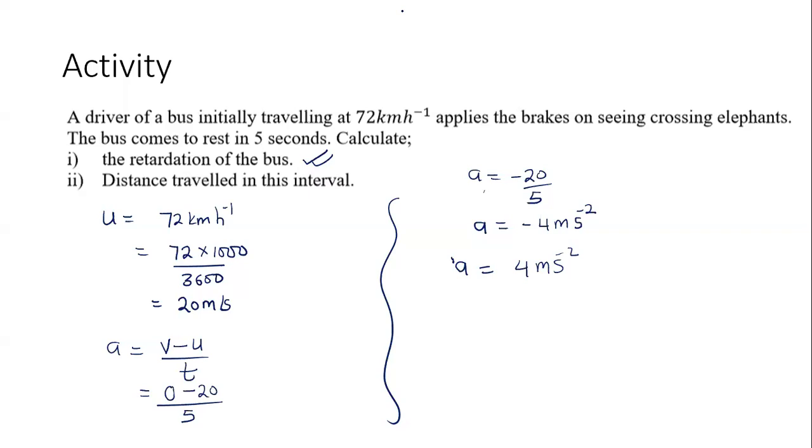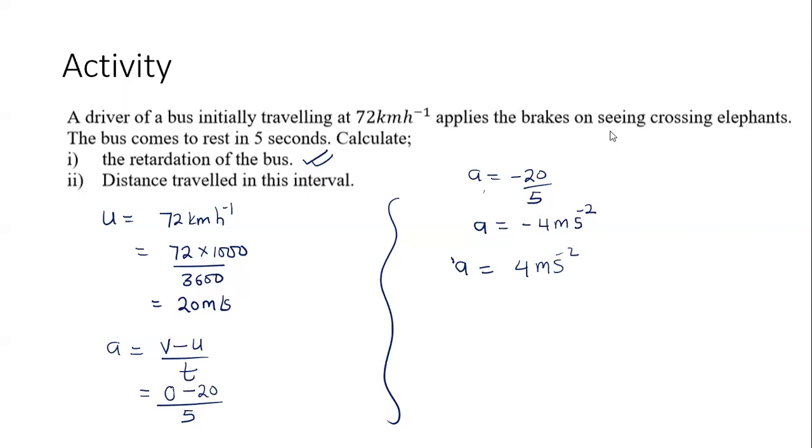Okay, I'm waiting in the chat. We are calculating our distance. Okay, Jeremy is getting 50. Yes, Ellie?